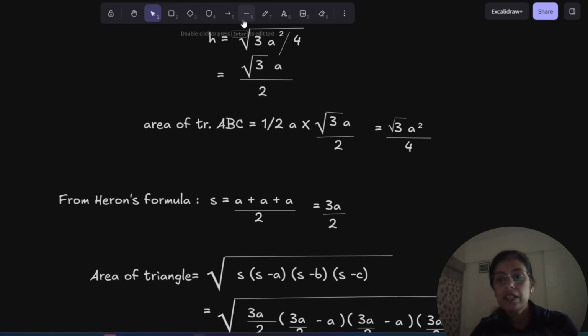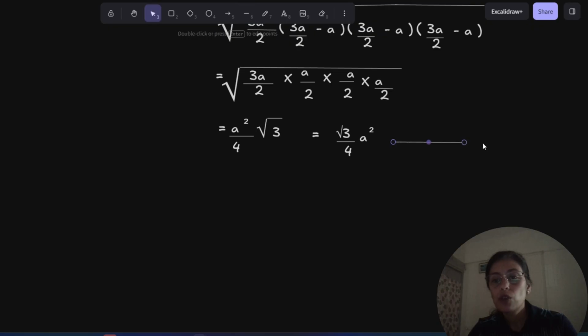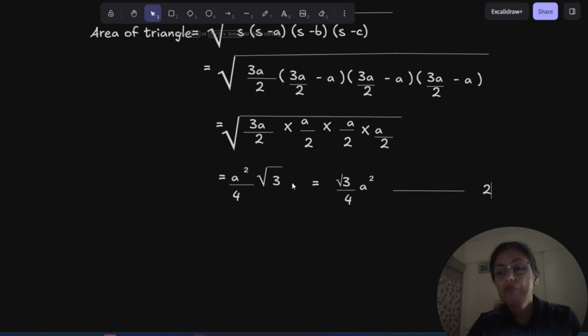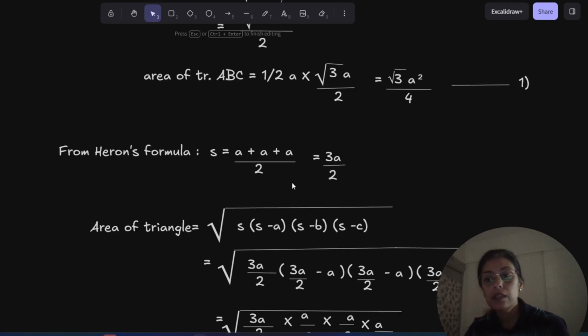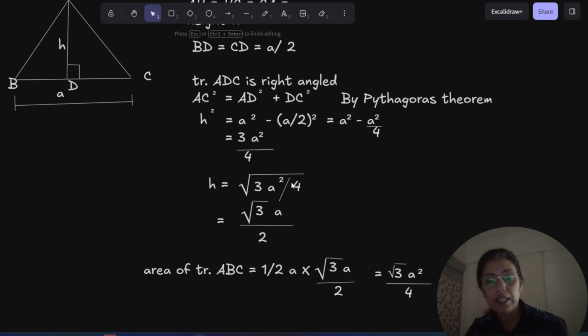So what do we see? By the first method, we got it as under root 3 a square by 4. By Heron's formula also, we got the same answer, under root 3 a square by 4. So what does it prove? It gave the area of the triangle the same in both cases.